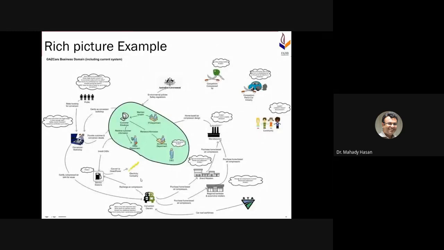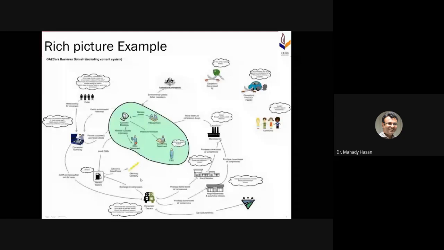This kind of flow could be unidirectional or it could be bidirectional, but we don't use bidirectional arrows, we use unidirectional arrows. By bidirectional I mean the arrow would be on both ends, but in our case we provide the arrow on a single side.